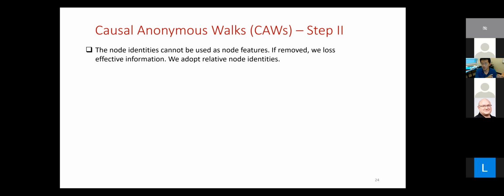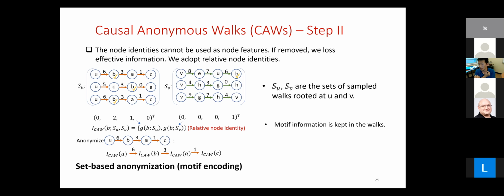If you train on one network and you evaluate it on another network, then the node identity will be entirely different. But the problem is if we remove the node identity here, the random walk itself has nothing, only some time steps. Other than time steps, there's no other information. And how can we solve that problem? So this is our step 2.